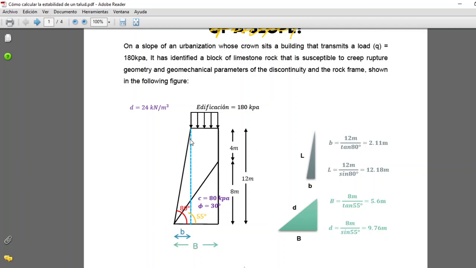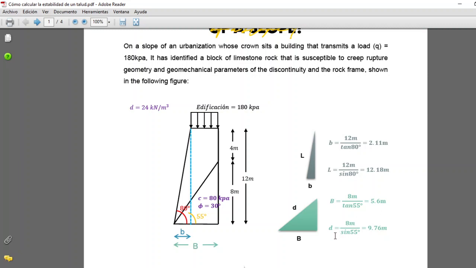Well, we know this distance. To calculate the other distance, we need to do the next operation. For B, we will divide 8 meters by the tangent of 55 degrees, and we have 5.6 meters.